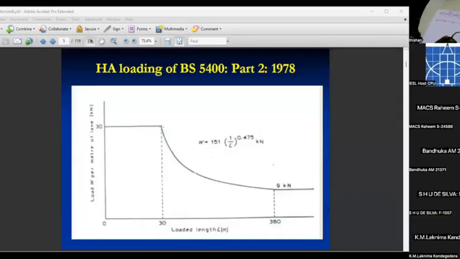Up to 30 meters, the magnitude is 30 per lane. After that, it reduces. We just use a simple system like this to learn the theory. And once you learn the theory properly, you can apply any kind of loading. So we just see something simple like this. And you can take down this equation, that is 151 times (1/L)^0.475. So that gives the loading. And I'll stop share.